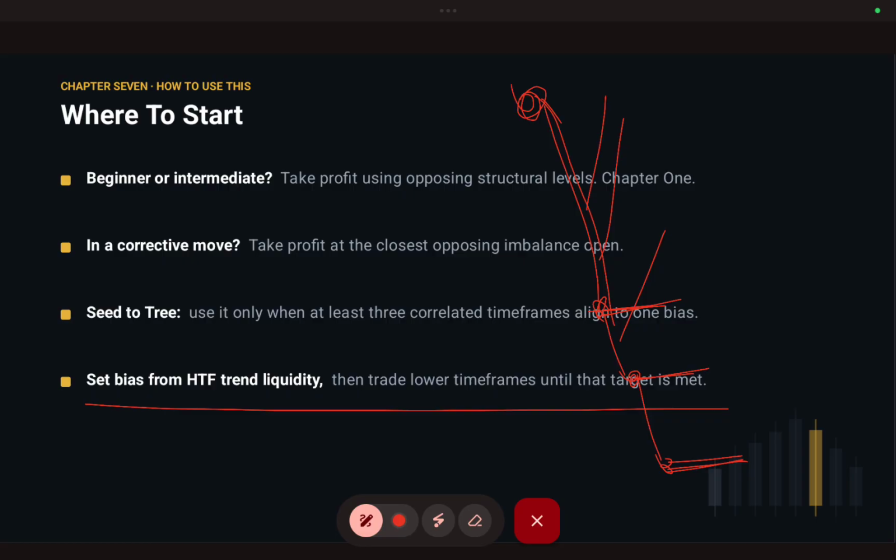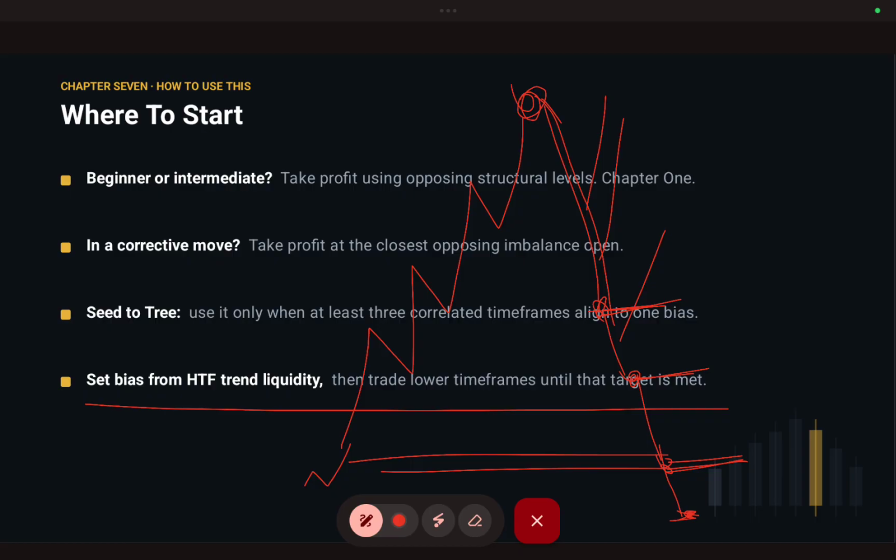Okay, and the last one is price could either clear that trend and keep pushing down as a bearish trend altogether. Clear this zone here, clear it and keep pushing down and all of that. Do you get?